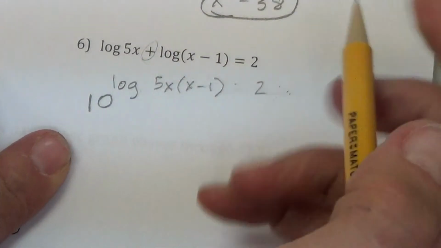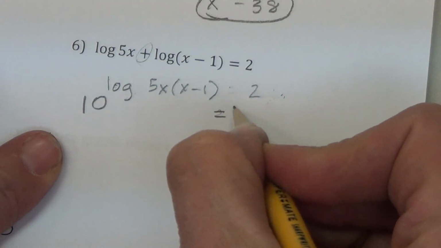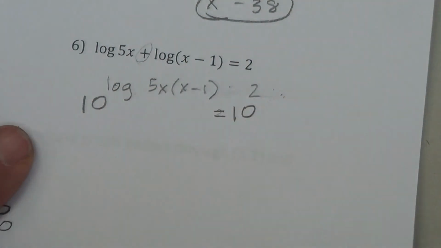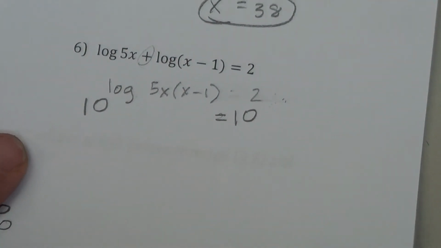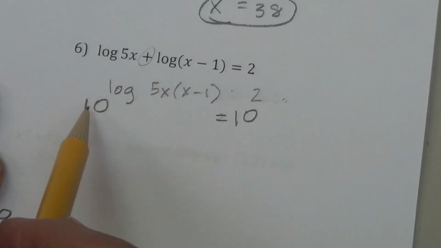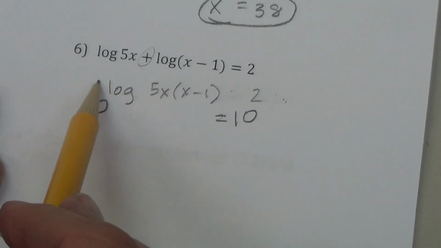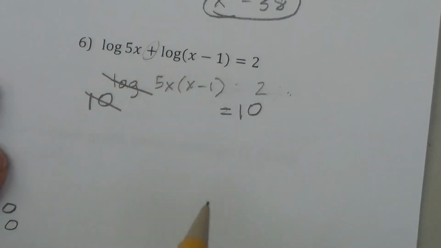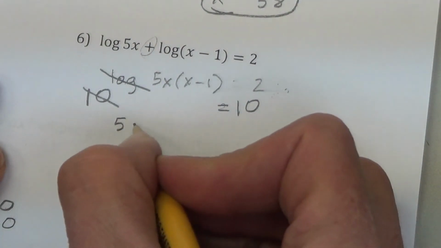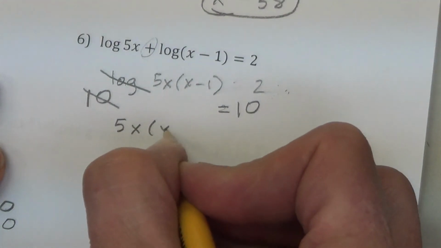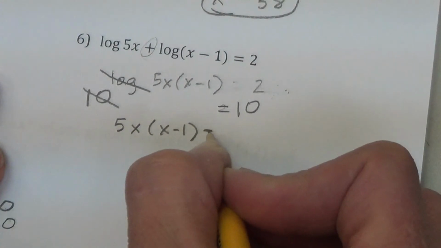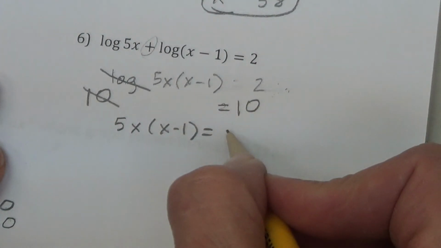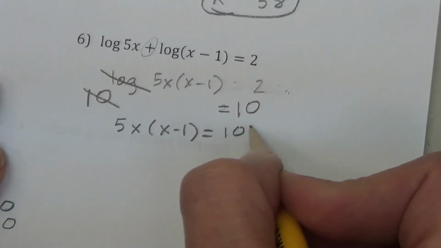Move our equals down, and we won't even have to rewrite it. Raise it to a 10 power on each side. This 10 and that log 10 there will reduce, and we have 5x times the x minus 1 equals 10 to the second, which is 100.